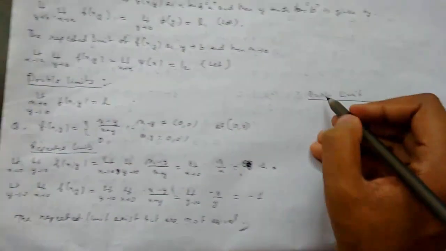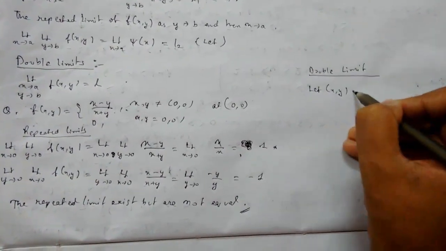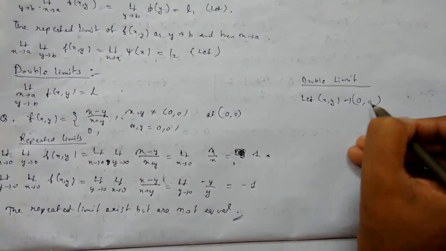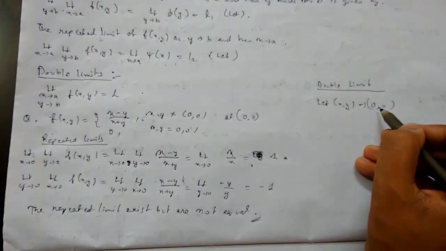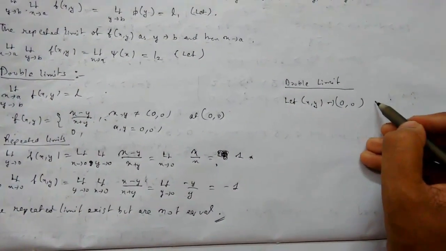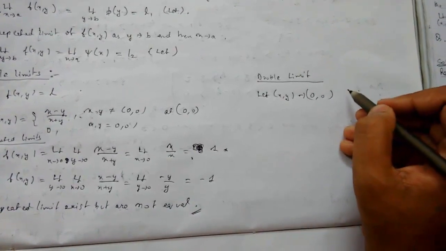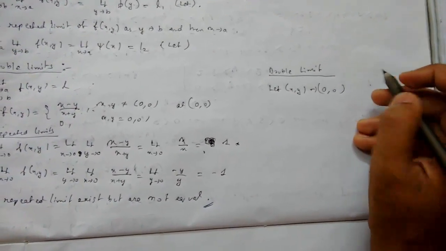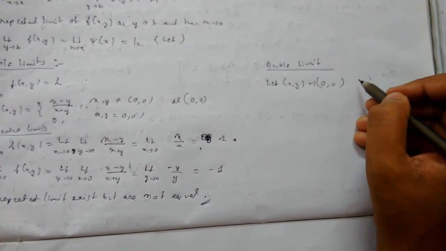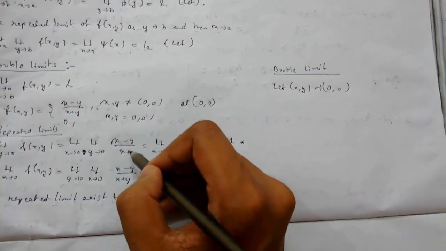To calculate the double limit, we need to assume this basic condition for the given point at which we have to find the double limit. For finding the double limit, we need to choose a path for y which, when we put in terms of x, makes that whole term independent of x.